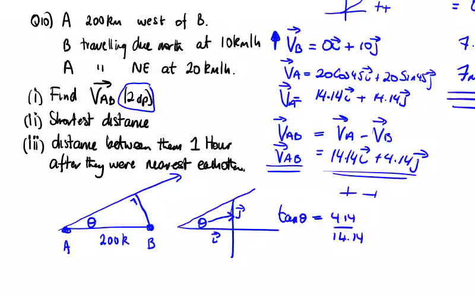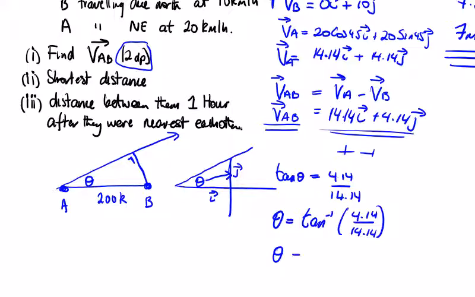So we need to get the sine of theta. The angle here might be easier. Theta is equal to the inverse tan of that. So what's theta going to be here? Theta is equal to 16.32 degrees.